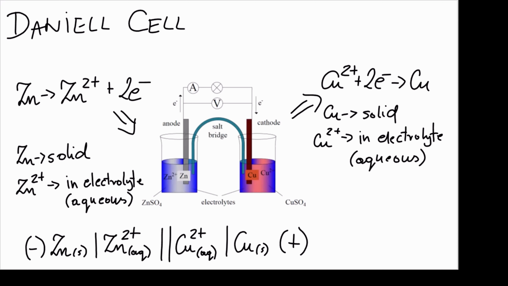In the Daniell cell structure, like in every single galvanic cell, we have two half cells, anode and cathode. In the case of the Daniell cell, the anode is the zinc half cell, while the cathode is the copper half cell.